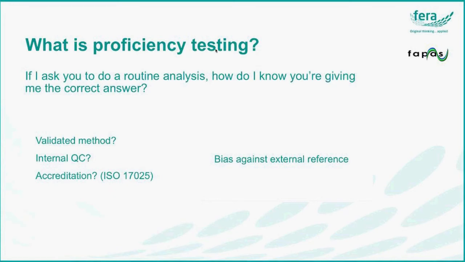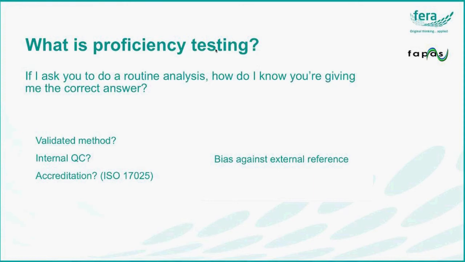So, as a laboratory, we might have a validated method. We might have some kind of internal quality control mechanism. We might have accreditation, typically to an international standard, ISO 17025. And these are all good and proper things to have.